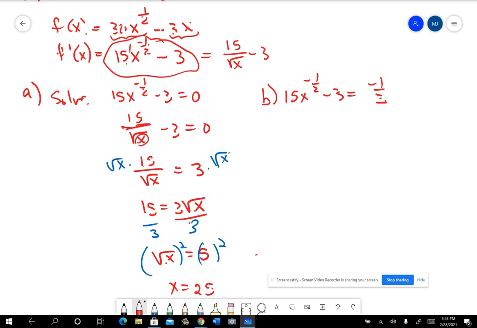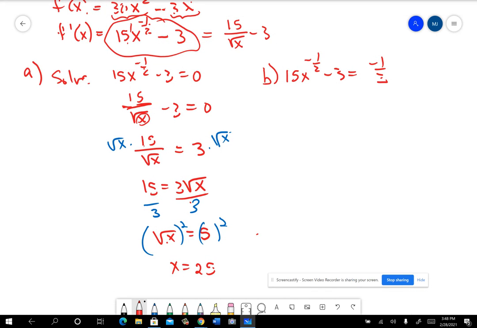So you wanted to know what x would cause the tangent line to be horizontal, the slope to be 0. It would be having an x of 25 that would make that happen. Okay, so that's the first part of number 19.